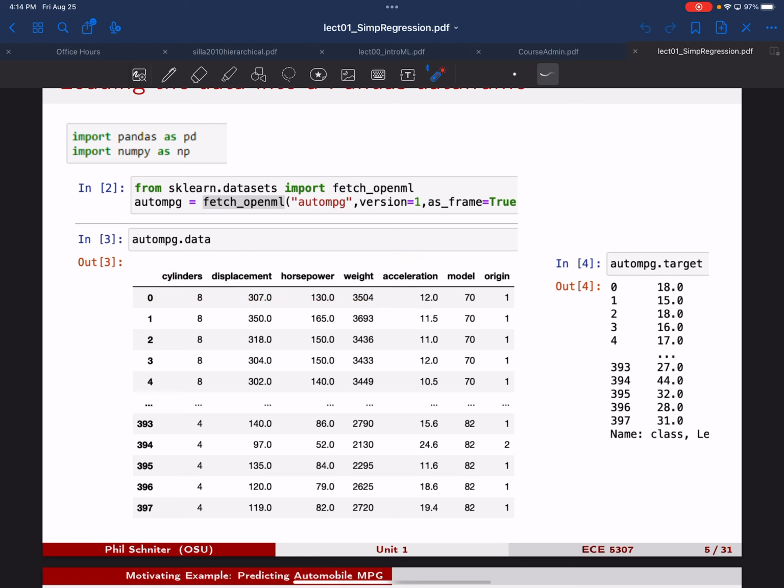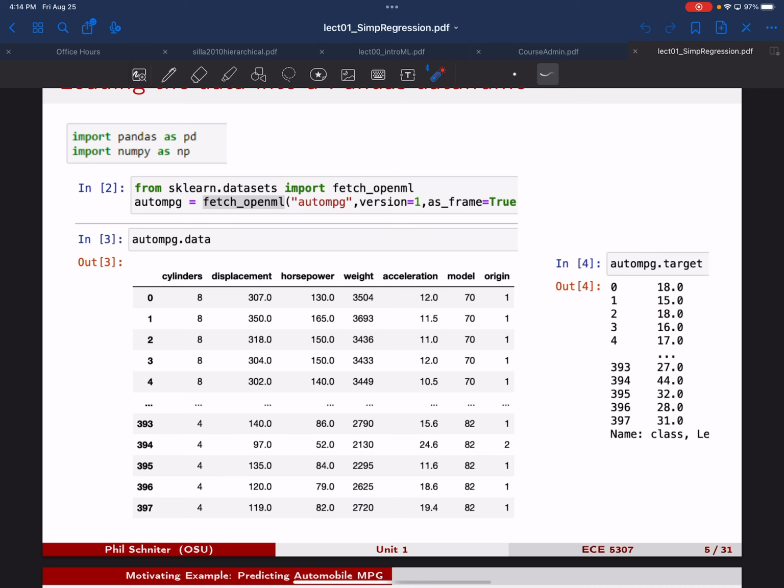Here we're trying to predict miles per gallon fuel economy from these things. And this over here is the actual miles per gallon. If you're talking about row 0, then the miles per gallon for that car was 18. Row 1, it was 15, and so on.